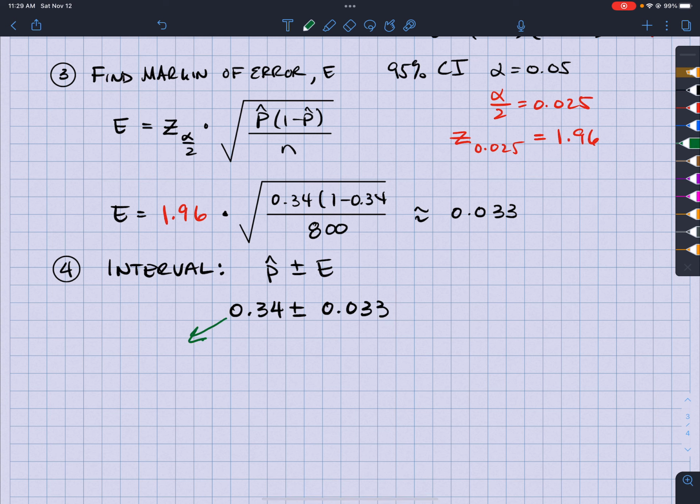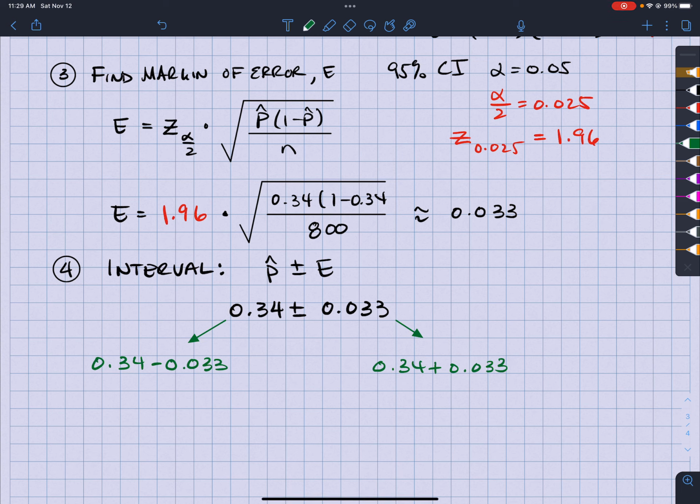First answer is going to be 0.34 minus 0.033, and the second answer is going to be 0.34 plus 0.033.